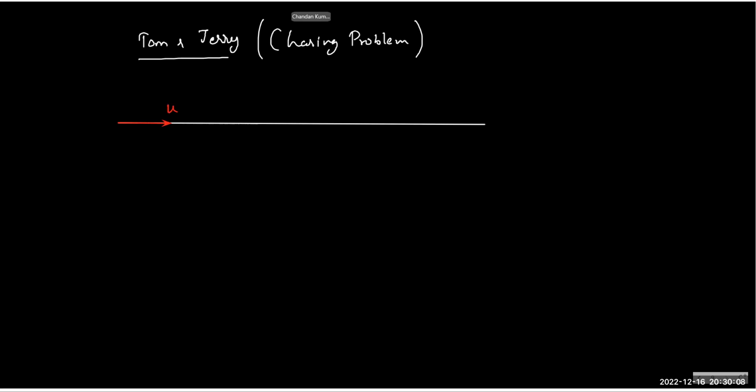And at that instant, when Tom sees Jerry, Tom is L away, and is trying to chase. Now you need to understand the meaning of chasing. When you chase someone, you always try to go towards it. Towards means you will try to approach it. Understood?